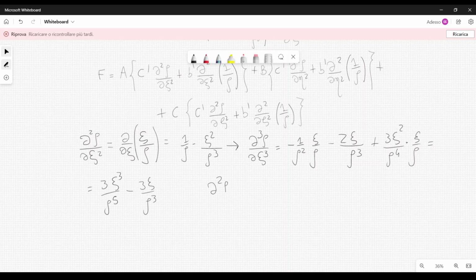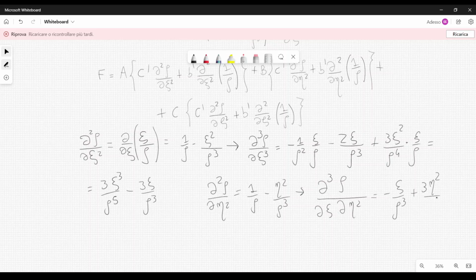Then we have the second derivative of rho with respect to eta squared. This is 1 over rho minus eta squared over rho cubed. And from here we can also calculate, for example, d3 rho with respect to d xi d eta squared. And this is minus xi over rho cubed plus 3 eta squared over rho to the fourth power times xi over rho.